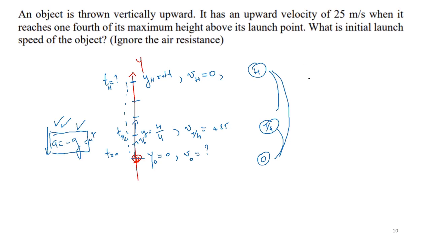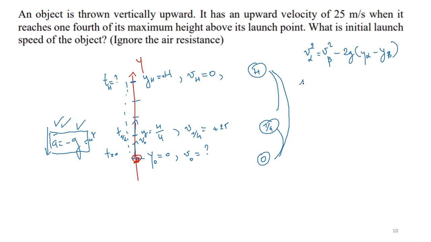I did not talk about time. I'm just talking about velocity and position. So I will be using this formula here: V alpha square is equal to V beta square minus 2G times (Y alpha minus Y beta), alpha and beta being 0, 1/4, and H.